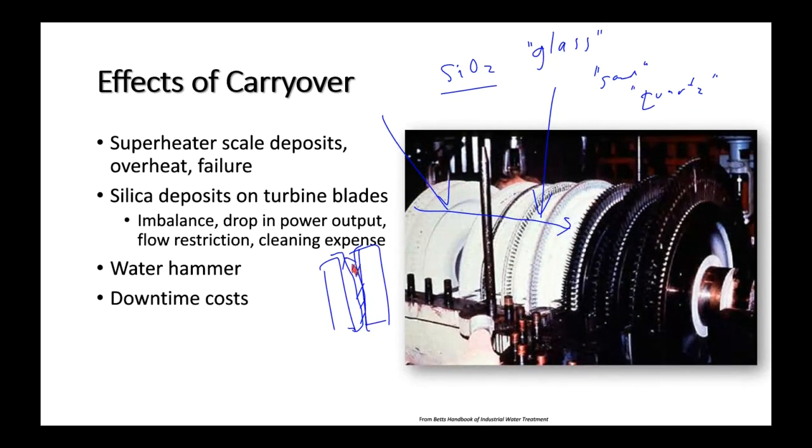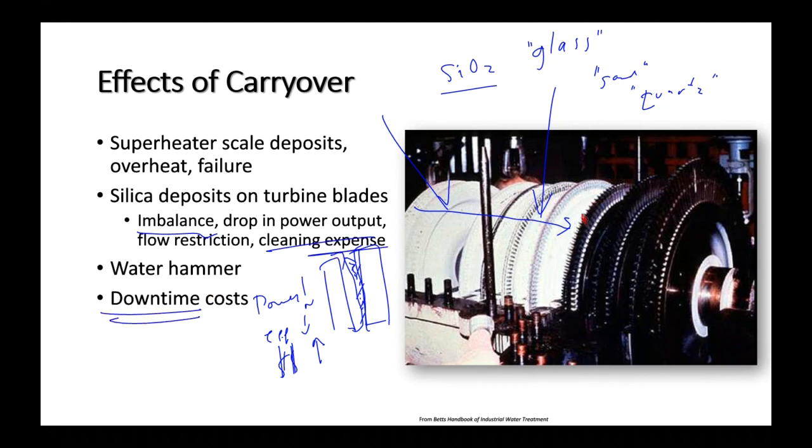I'm exaggerating, but now our flow passage is much less, so our power goes down, our efficiency goes down, our costs go up. Okay, maybe we get imbalance on the turbine. And of course, there's the cleaning expense, which includes downtime.